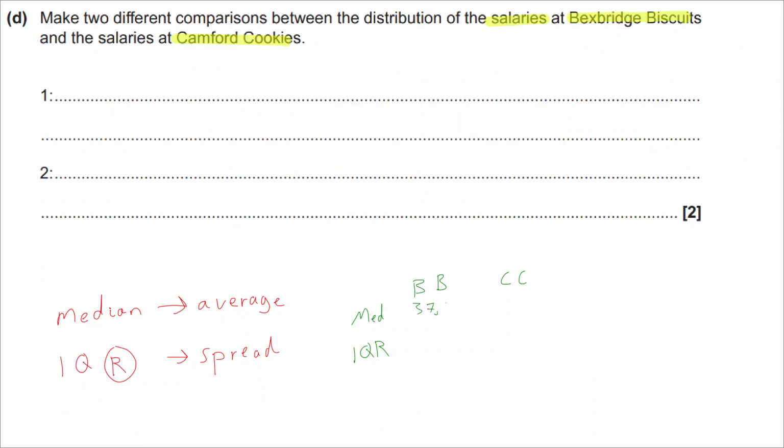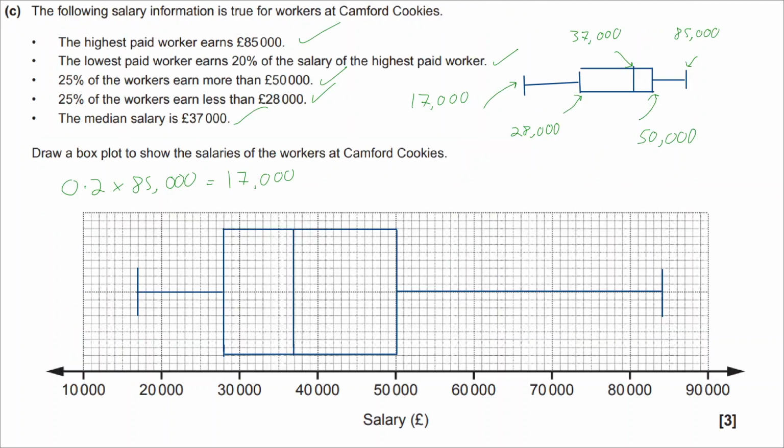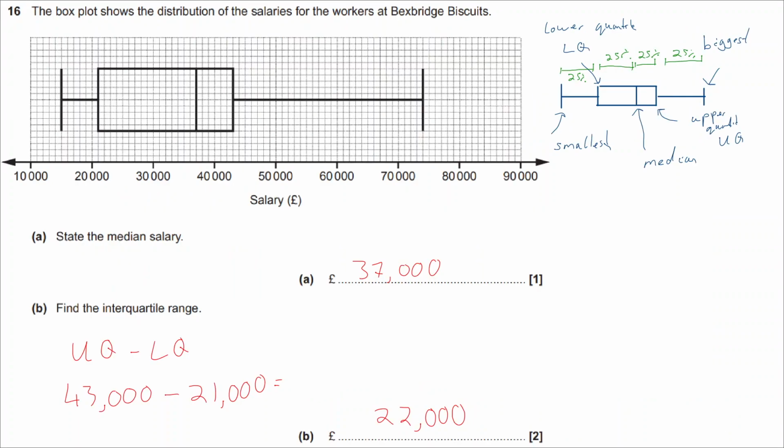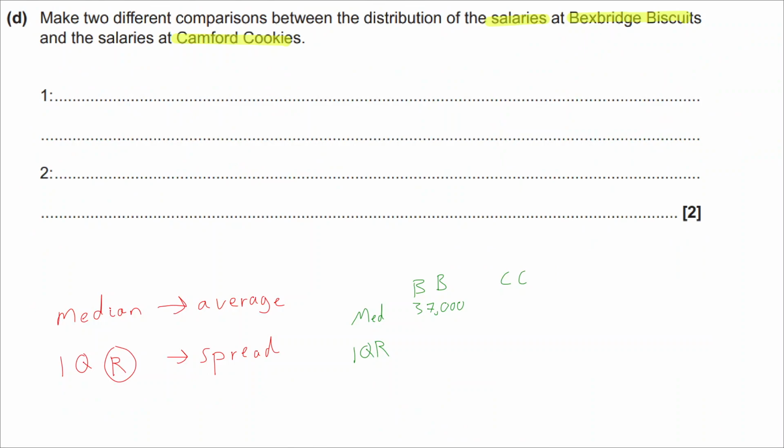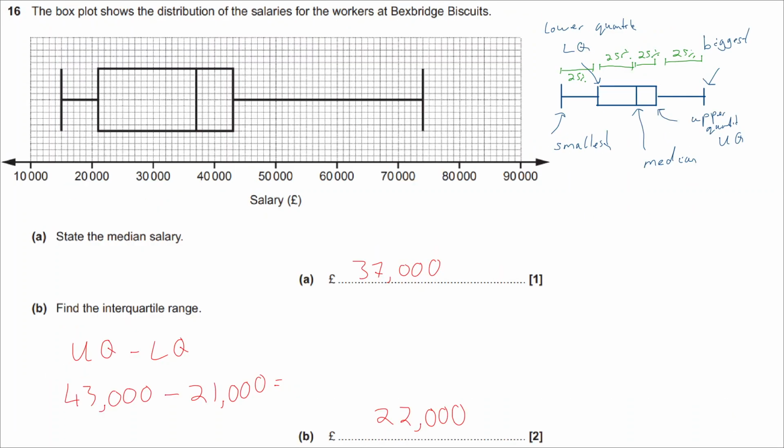For the cookies, the salary average was, let's look at the data, the median was 37. They're both 37. Is that right? Yeah, okay, that's just the way it is. They're both equal to 37 grand. And then the interquartile range for the biscuits is equal to 22 grand.